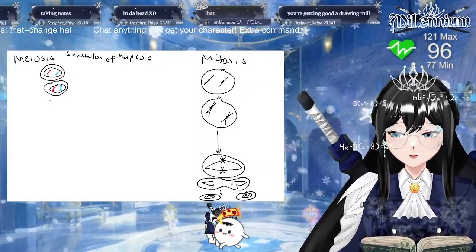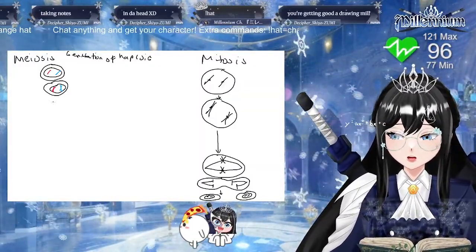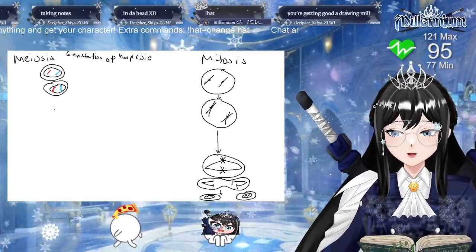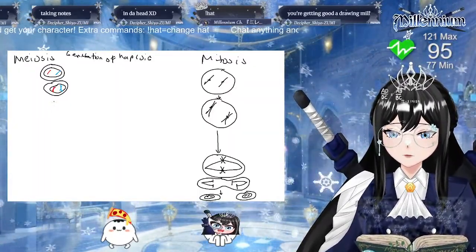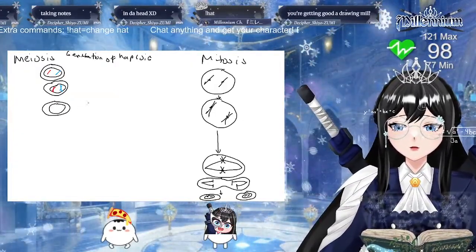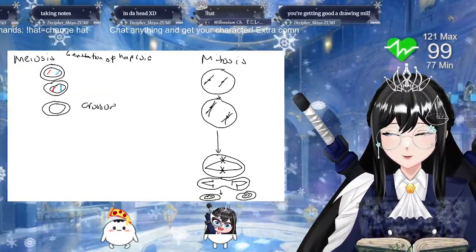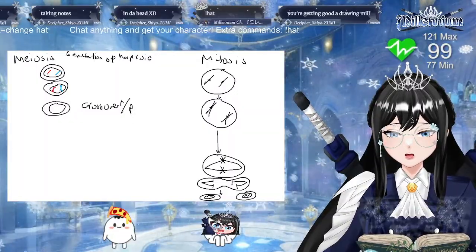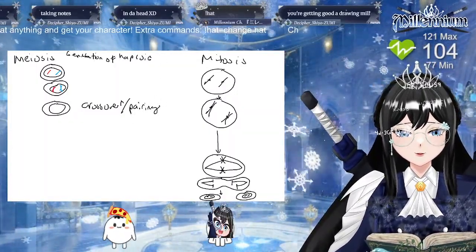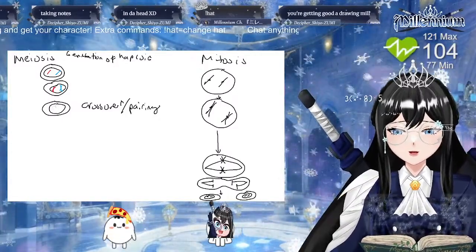And then they now cross over. So that is a very specific thing that happens in meiosis. Those two would cross over, pairing. They will interact here like this.